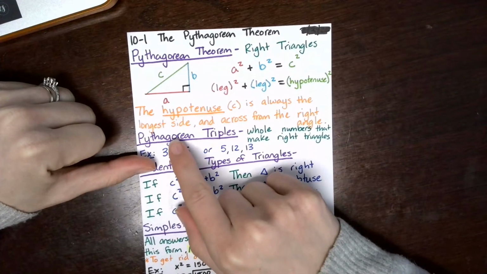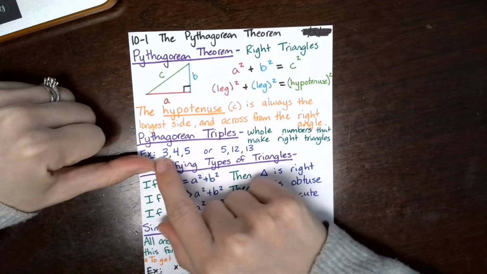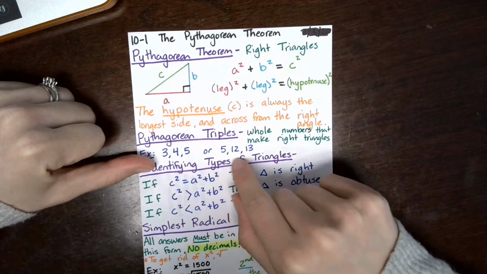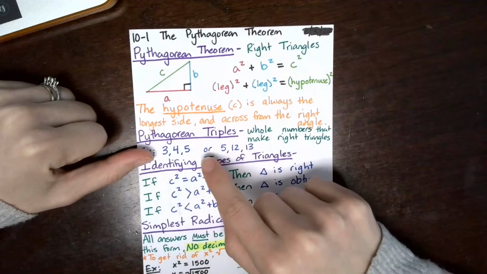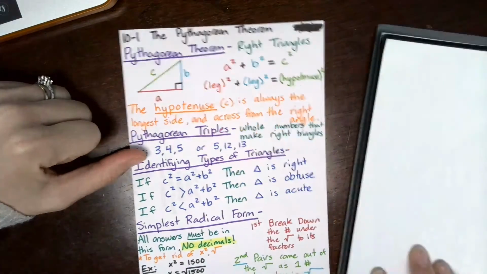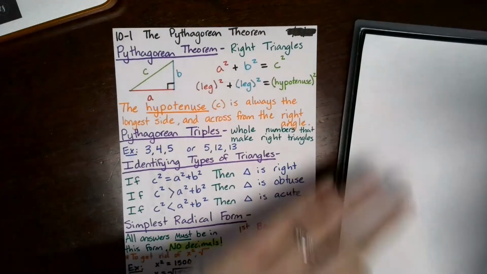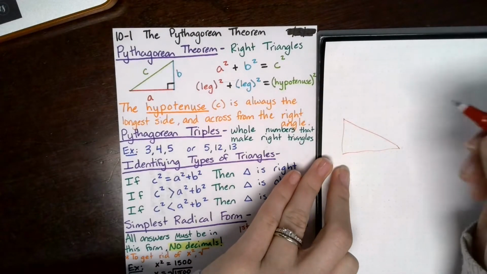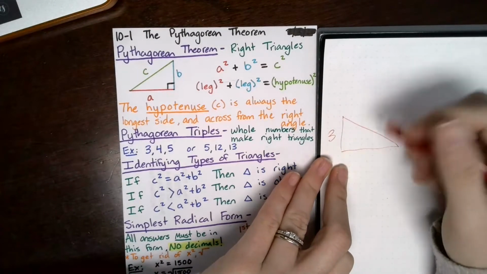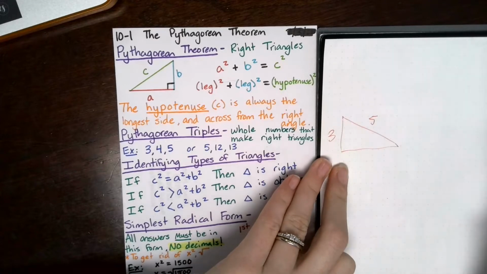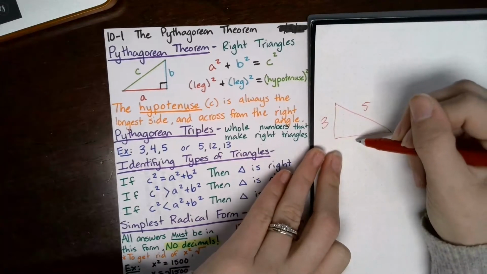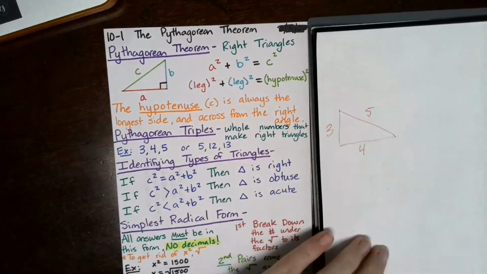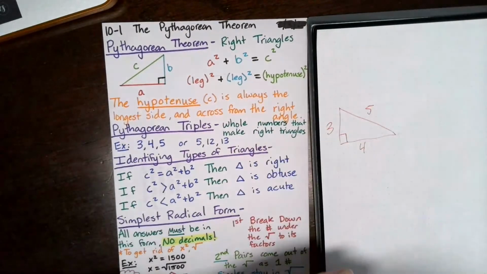That's just a Pythagorean triple, a multiple of 3, 4, 5. There's also 5, 12, 13. Memorizing Pythagorean triples, whenever we see a right triangle and one of the legs is 3 and the hypotenuse is 5, we know that this must be a 3, 4, 5 triangle. It has to be a right triangle for that to work.